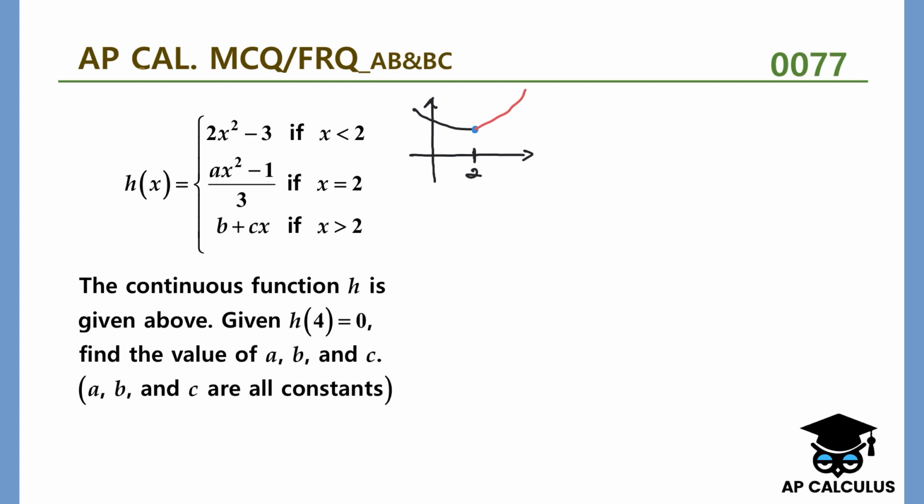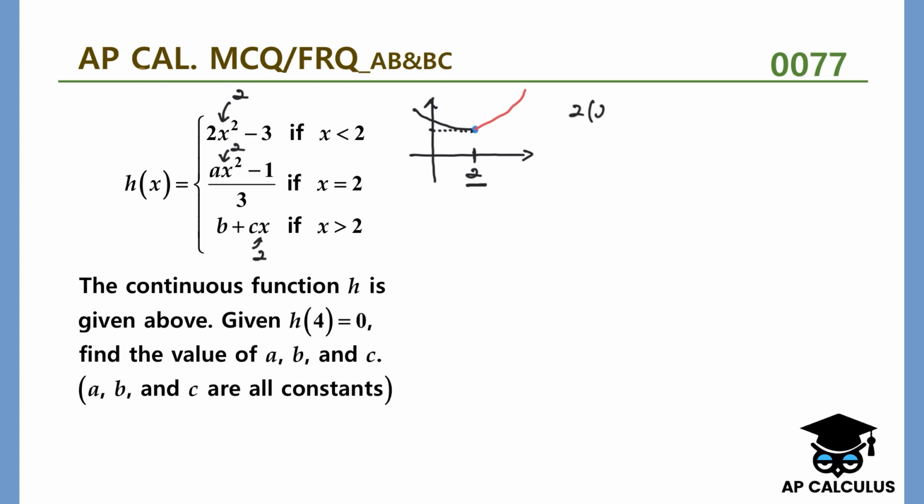So when x is equal to 2, the function values all have to be equal to each other. So when x is 2, this y value must be equal to this y value, must be equal to this y value. They all have to be equal to each other. Does that make sense? When x is equal to 2. Okay, so let's write the equation.